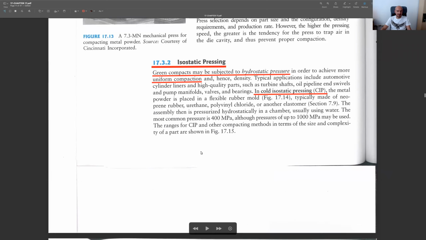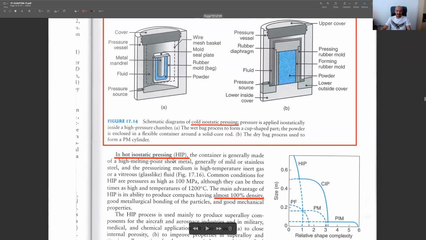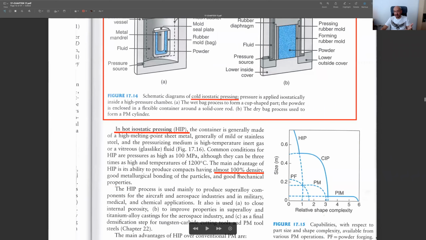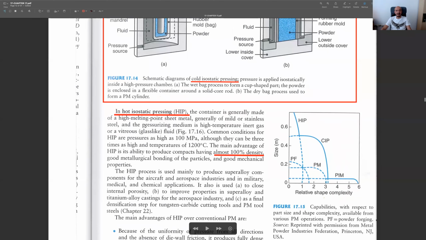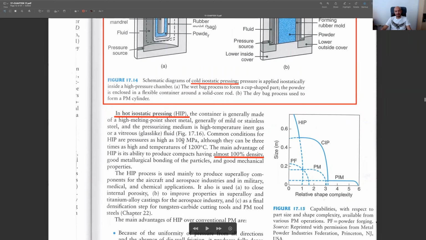Instead, we mostly use hot isostatic pressing, since with its help we obtain almost 100% density, which is very close to the values of the casting process. This is mostly utilized for products to be used in critical applications like aircraft or aerospace applications. People mostly go with hot isostatic pressing.